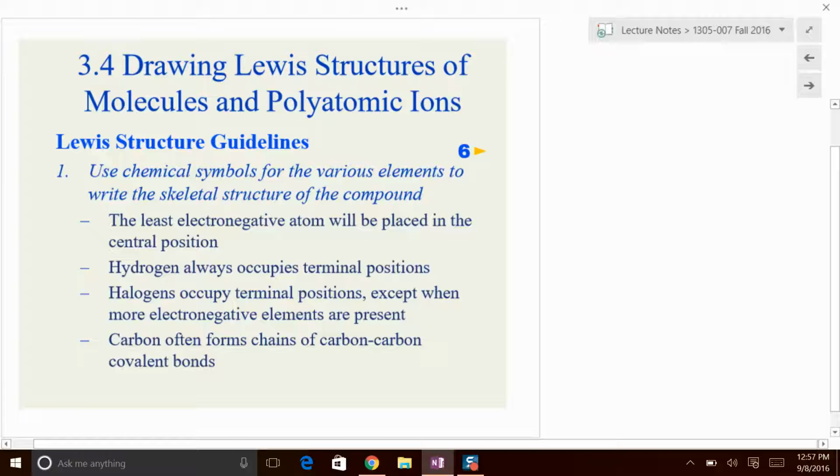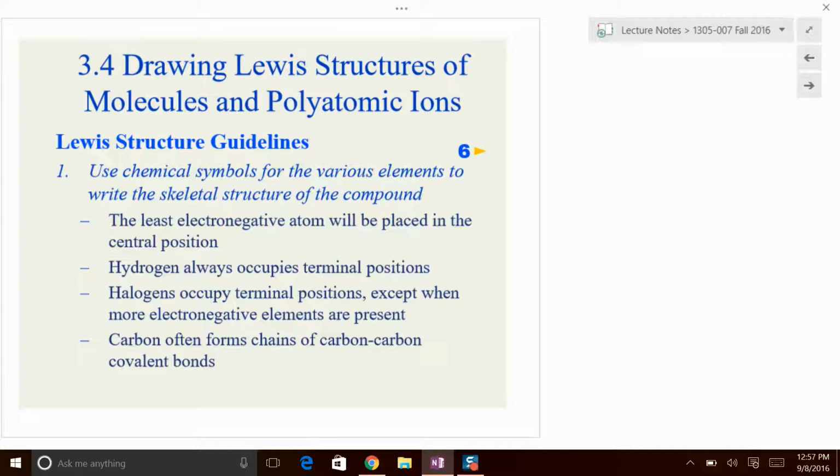Okay, the next really fun thing, apart from naming, is drawing covalent compound structures. There is a very specific set of guidelines that if you follow will allow you to draw these successfully. And it's very easy if you learn it correctly.